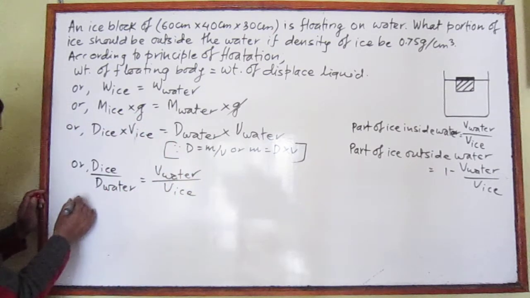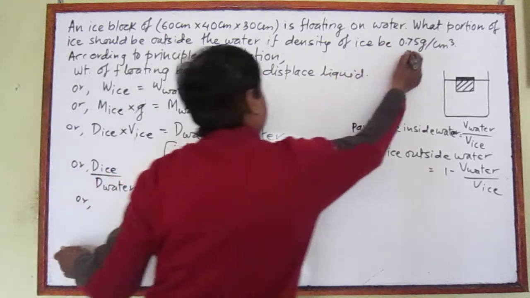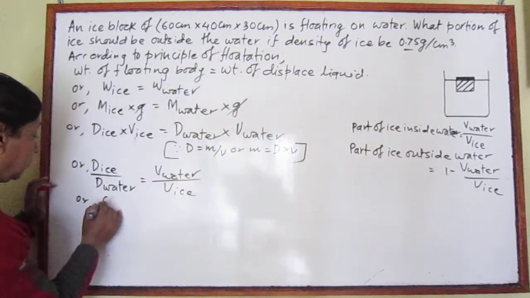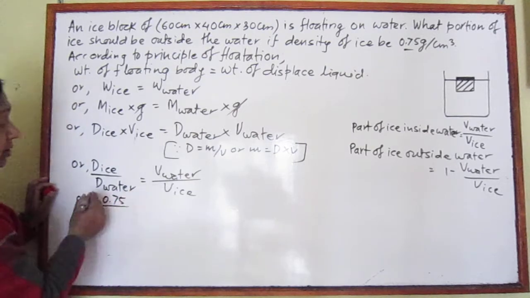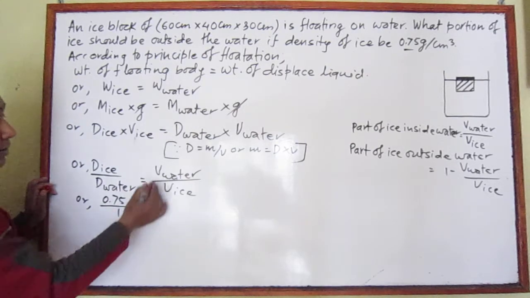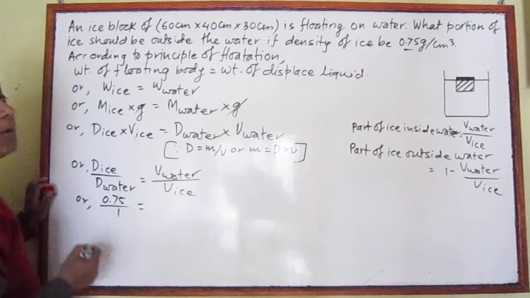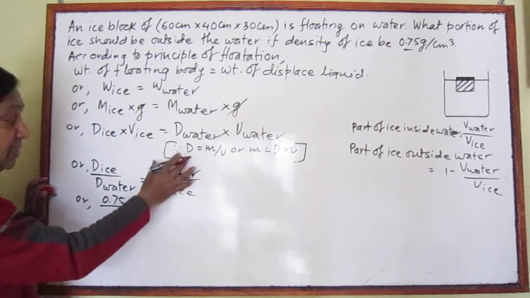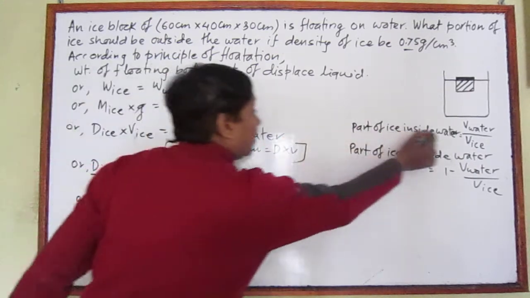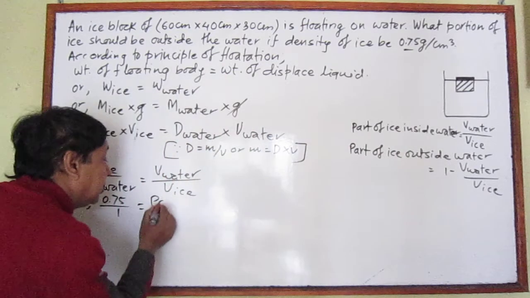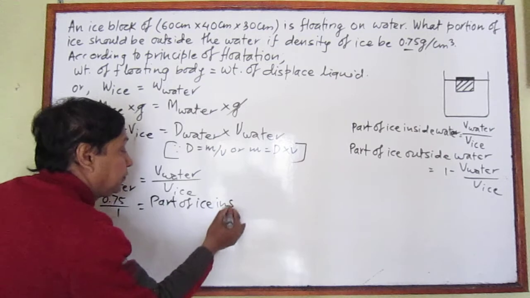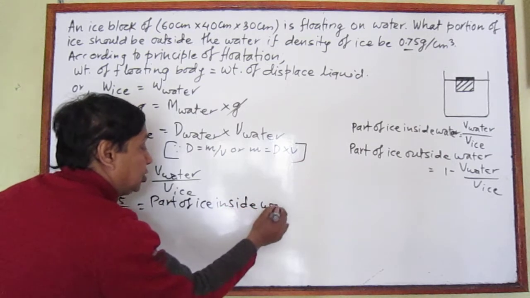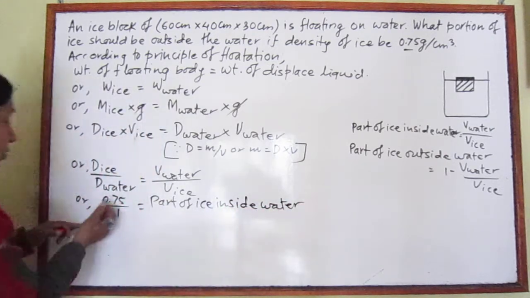The density of ice is given as 0.75, and the density of water we know is 1. The ratio of volume of displaced water and volume of ice can be written as the part of ice inside water. That's why the part of ice inside water is equal to this much.